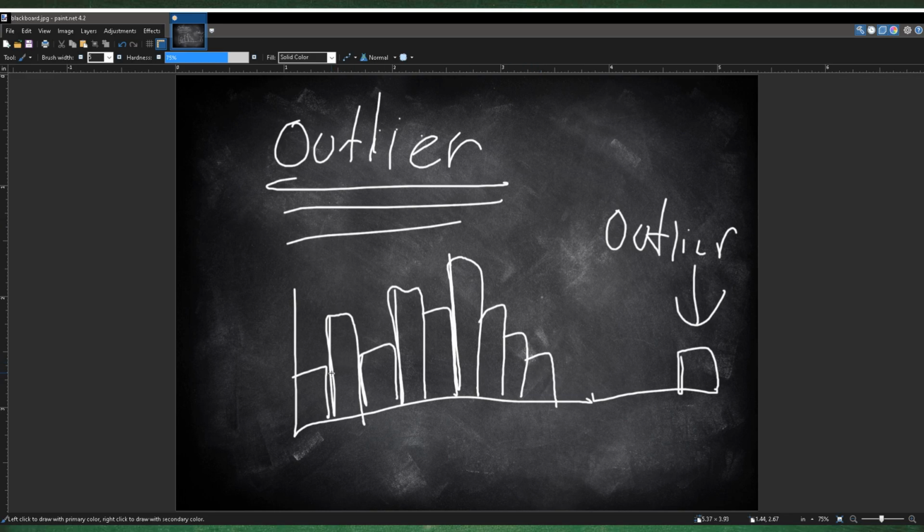Then you see a bunch of points here, and somewhere around here you have the mean. Then there's the standard deviation, which you have to calculate, because usually you have numbers on the x-axis and numbers on the y-axis, and you use these to calculate the standard deviation.